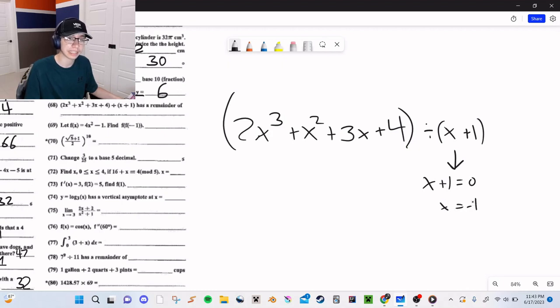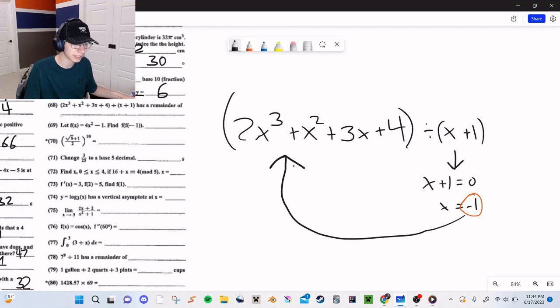x would be -1. What you're going to then do is take this value of x and substitute it into this expression.